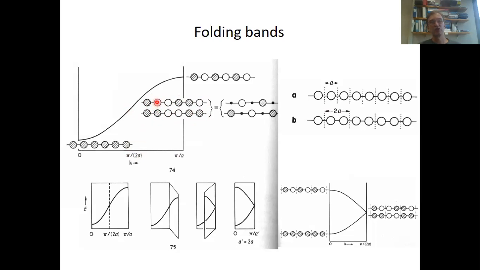One is just shifted by 1 lattice parameter a relative to the other. So now if we define the unit cell parameter to be 2a, therefore this position here will be the maximum k value that there can be, leading the band now to fold back.